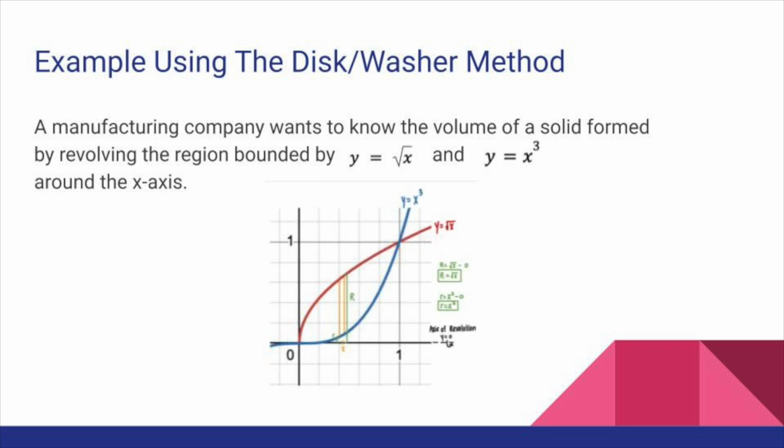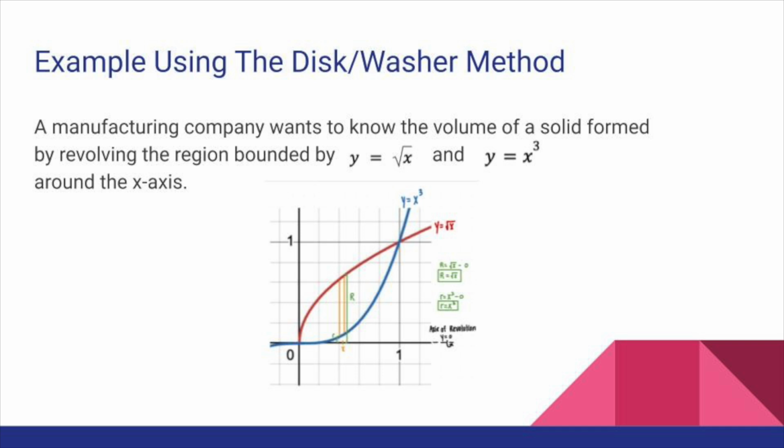Now that we have drawn the rectangle, it is important to identify and label capital R and lowercase r. Recall that capital R is the distance from the axis of revolution to the far end. Therefore, capital R equals the square root of x minus 0, or simply the square root of x.